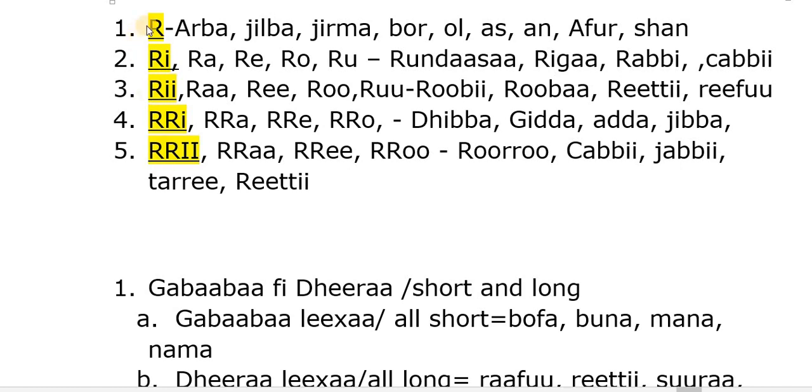This can be B or D or T or F or G, J or Y or Z or something. Any of the letters we have, or the sounds we can hear in Oromo language. So as you can see, we have five distinct ways of saying the same sound.